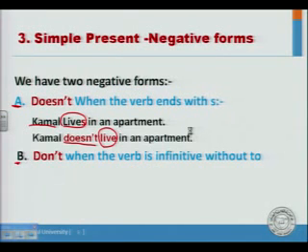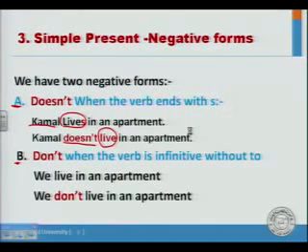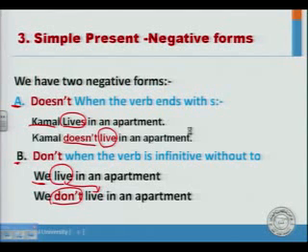About don't here, the subject is we, and the verb has no S ending. So here we write don't, and the verb remains as it is, no change. But if there is S, we take S and put it after don't, and it becomes doesn't.